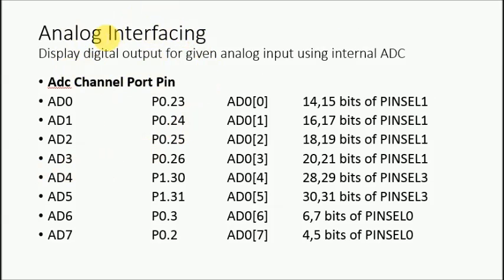The next part is the ADC. Like the UART, we have the analog to digital converter. Here we have a total of 8 channels, AD0, AD1, AD2, AD3, AD4, and so on, and accordingly we have the pin numbers. The bits are given in the PINSEL1, and accordingly we have to configure these ADC port pins, because in the LPC1768 most pins are multiplexed with another function.